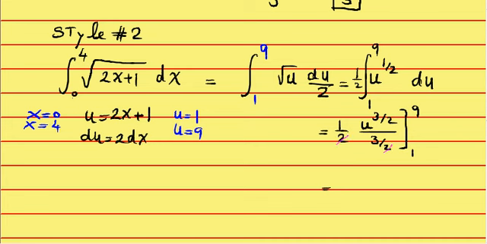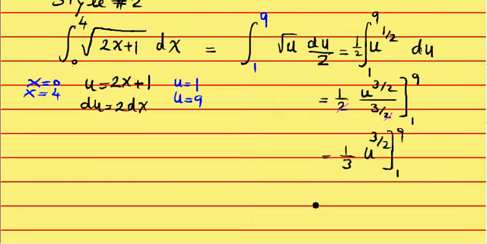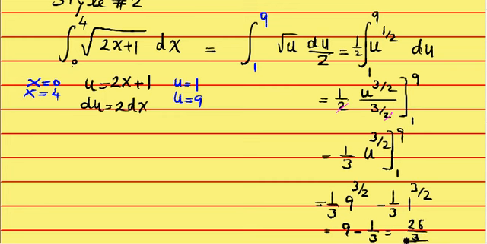I'll have 1/3 u to the power of 3/2, in which I'm substituting 1 and 9. Now this becomes 1/3 of 9 to the power of 3/2 minus 1/3 of 1 to the power of 3/2. By now you realize it's just the same as what we had last time. This is your 9 and this is 1/3, and the answer, just like last time, becomes 26/3.